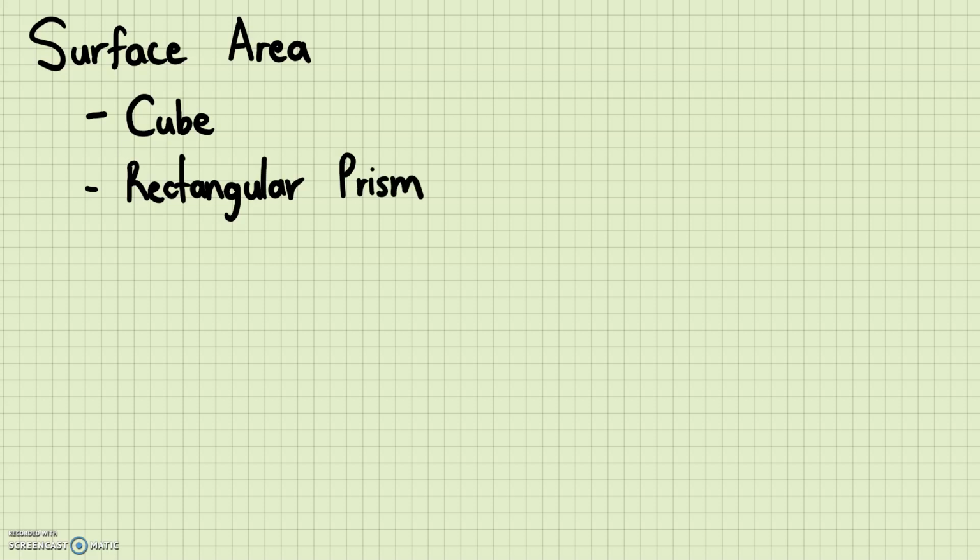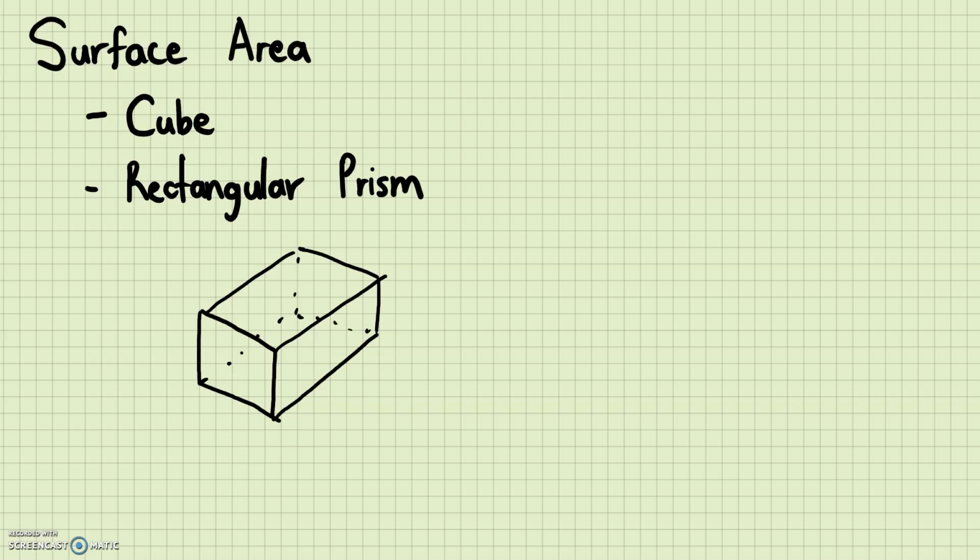So remember, in 3 dimensions, let me draw a rectangular prism here. In 3 dimensions we have something like this, and the world that we see with our eye is usually in 3 dimensions.